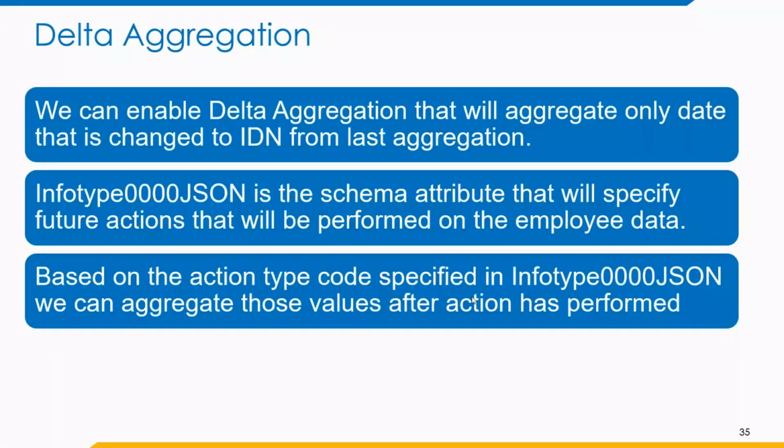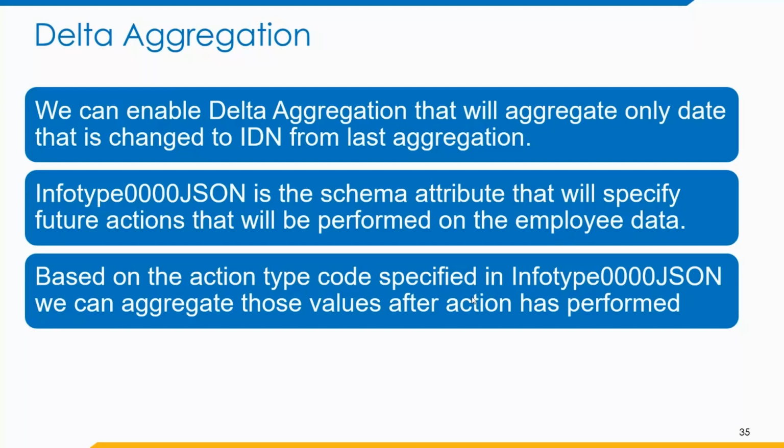The next thing we are going to see is delta aggregation. We can enable delta aggregation, one of the features supported by SailPoint IdentityNow, which will aggregate only the data that has changed since the last aggregation. We have an account schema attribute called infotype 0000 JSON that specifies the attributes that are going to change on a specific date.